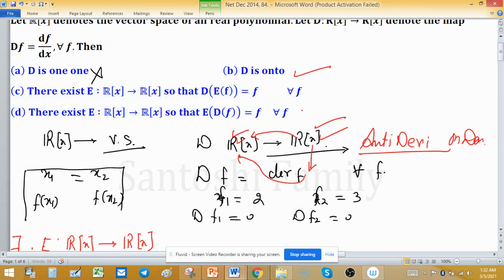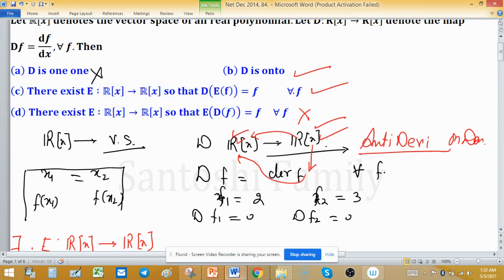So this option D is not perfect, and D(E(f)) is f. This is true because whatever integration we take of f, we need to add some constant, and whenever we differentiate that constant, it is eliminated by the derivative. So the derivative of E(f) is f.